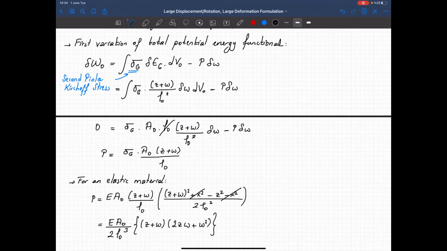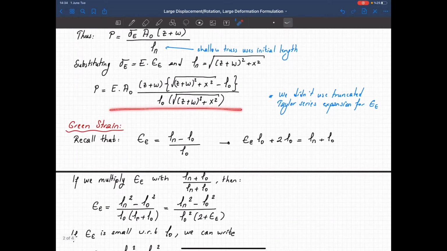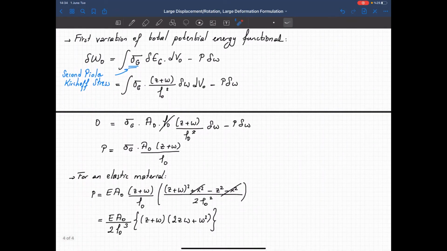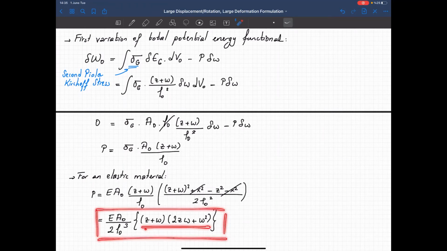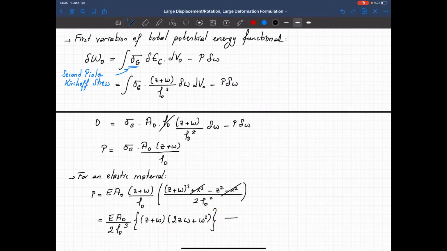So when you compare this expression with the previous one, as you see, this is a simpler expression, no square roots, it's just a polynomial, so it's easier to solve, okay?